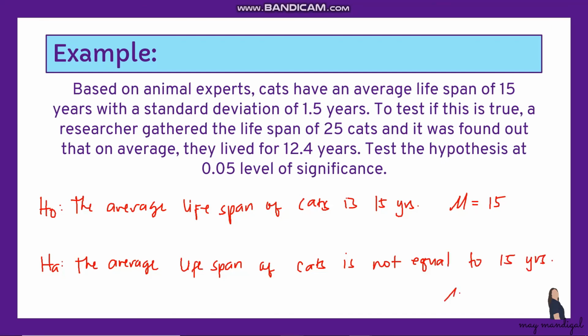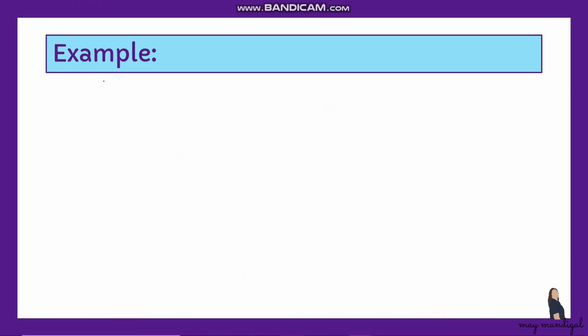So the mean is not equal to 15. So that is our alternative hypothesis. Now let's write the values. So we have here again, this is the known fact that the cats have an average lifespan of 15 years. So that will be our population mean, which is 15.